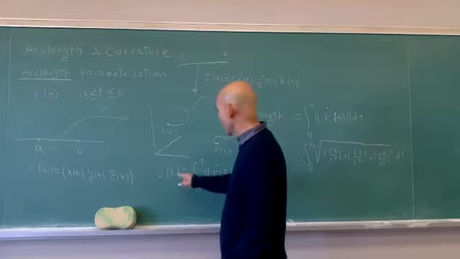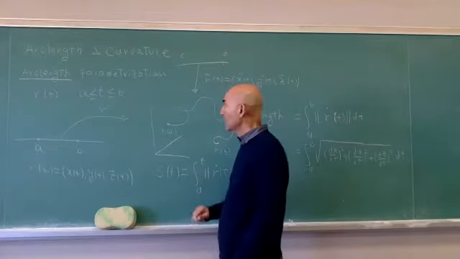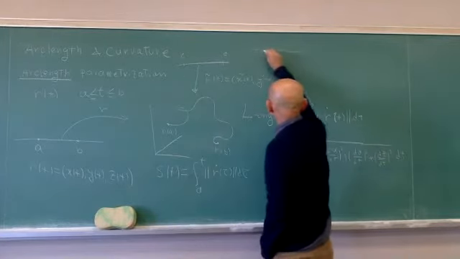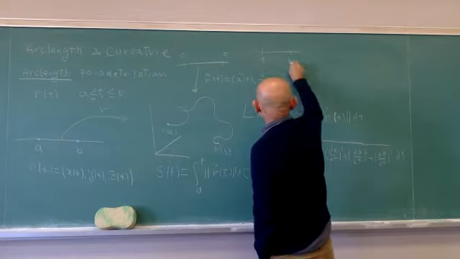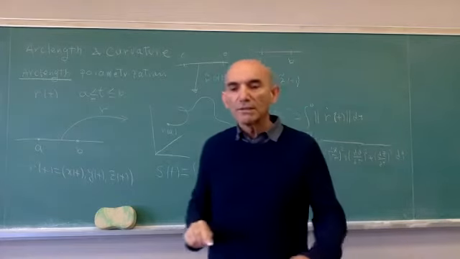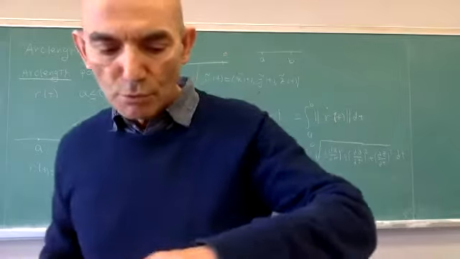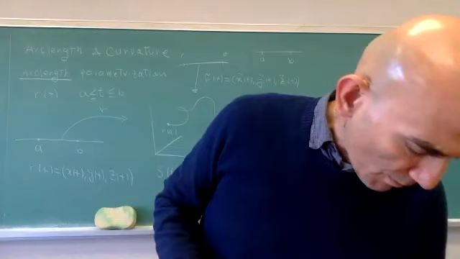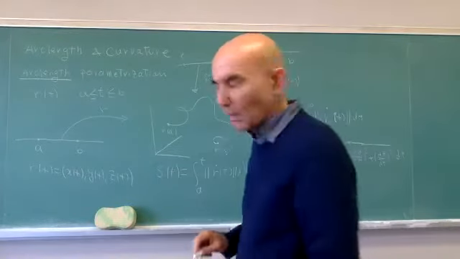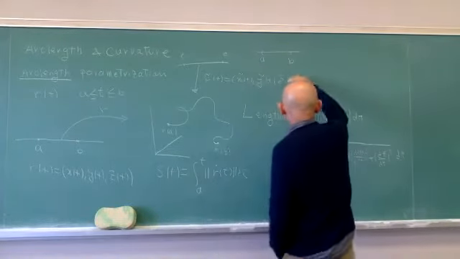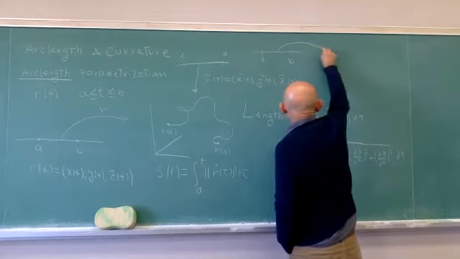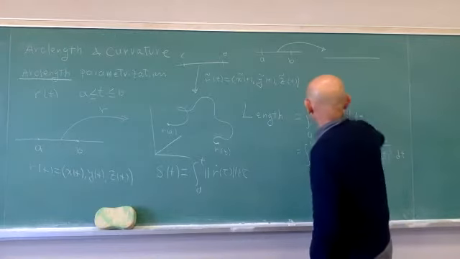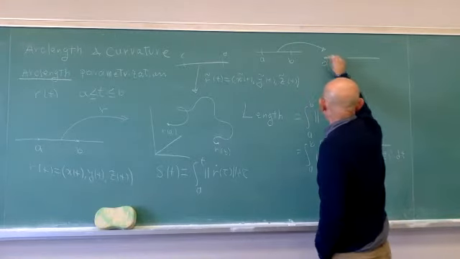So this function now is a function of t. The way it works is that we have this interval AB, and then we have it moving to the interval 0 to L.